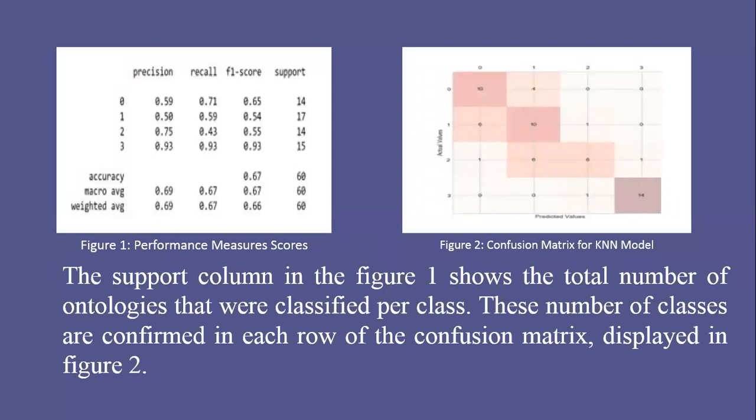For example, the first class, shown by 0, had a total of 14 ontologies classified into that class. These numbers of classes are confirmed in each row of the confusion matrix shown in figure 2.